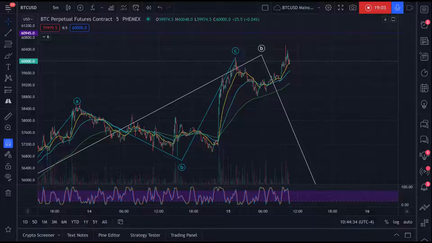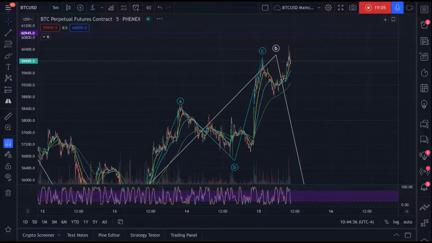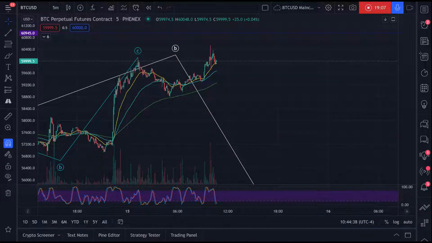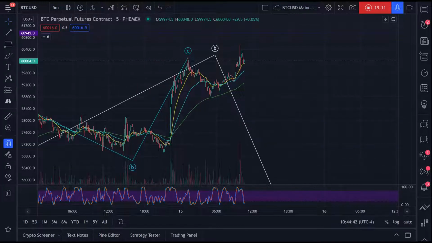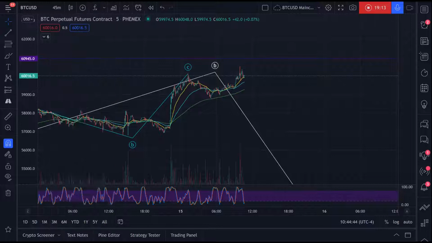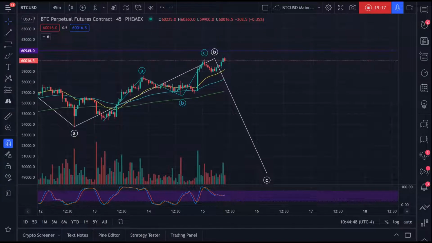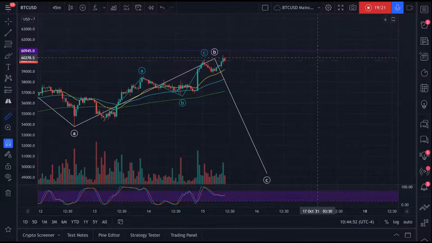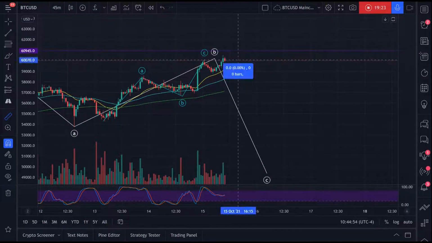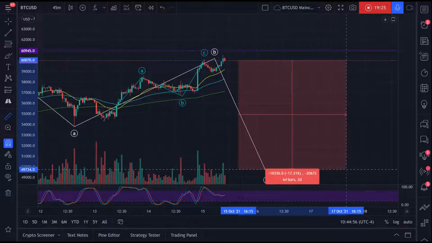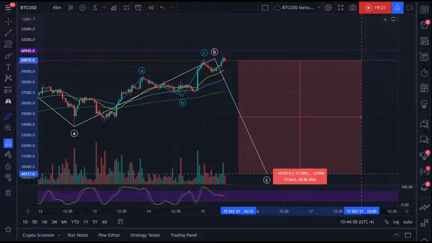All right. I hope that you guys, just, TLDR, if you haven't gotten it yet, if our analysis is correct, which, up until now, it's been correct. So I don't see why it would all of a sudden stop being correct. We are about to nuke in Bitcoin about 18%.